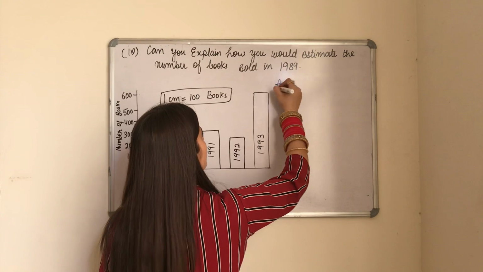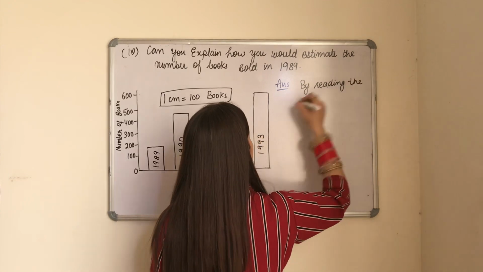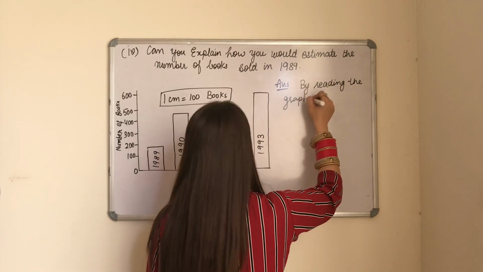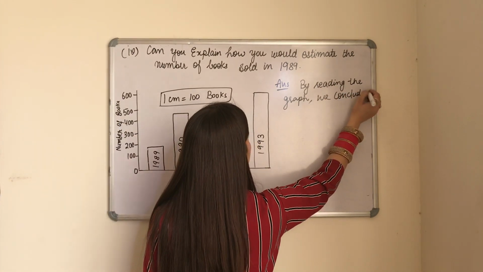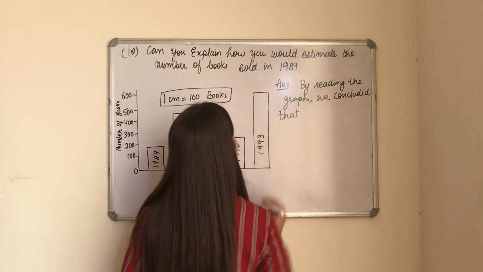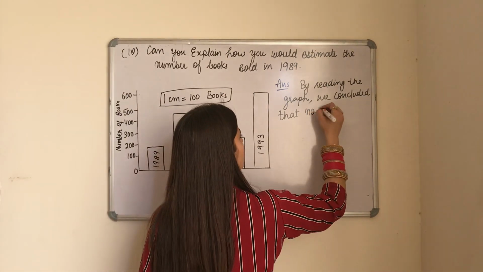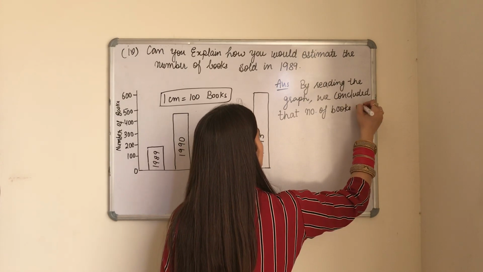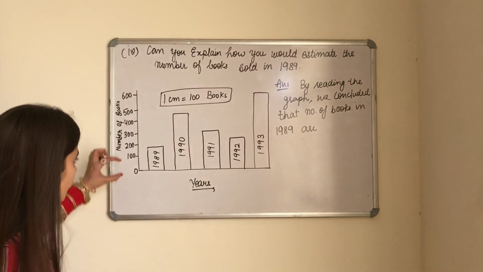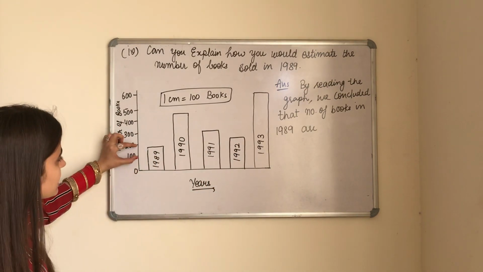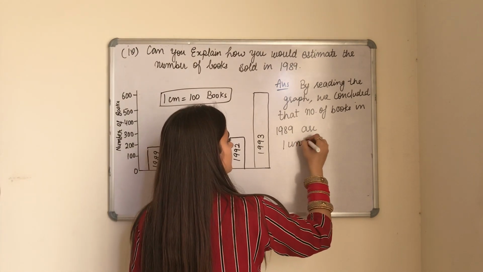Answer: by reading the graph, we concluded that the number of books in 1989 is 1 unit plus 3/4 of 1 unit.